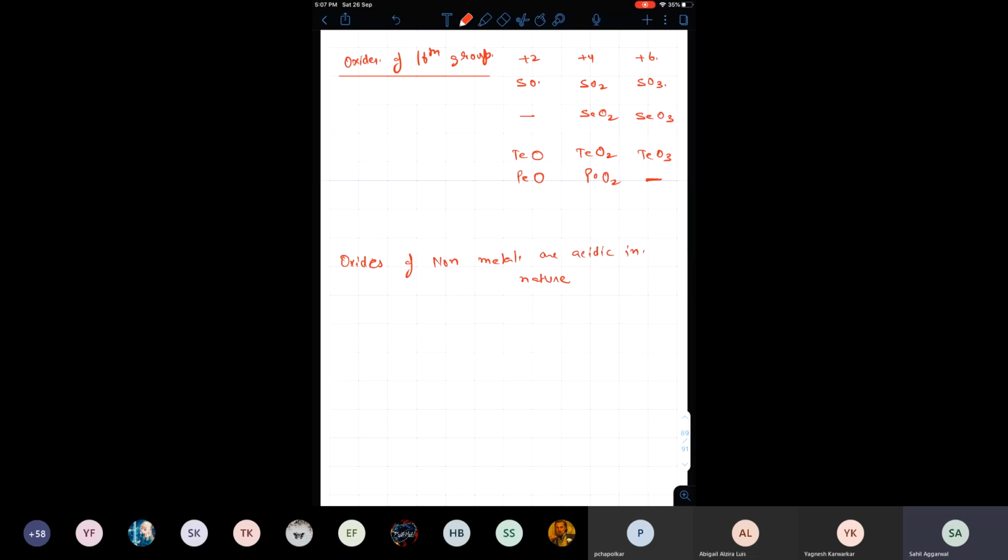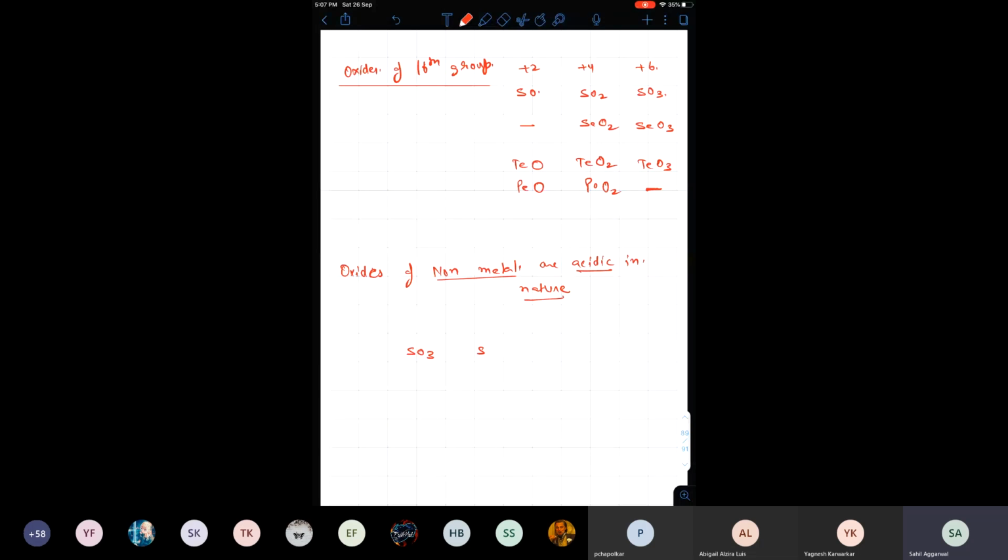If we take SO3 and SO2, which will be more acidic? This we have done in the 3rd chapter, 11th class. SO3.